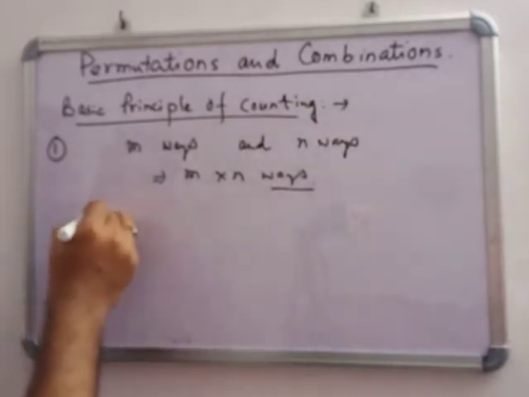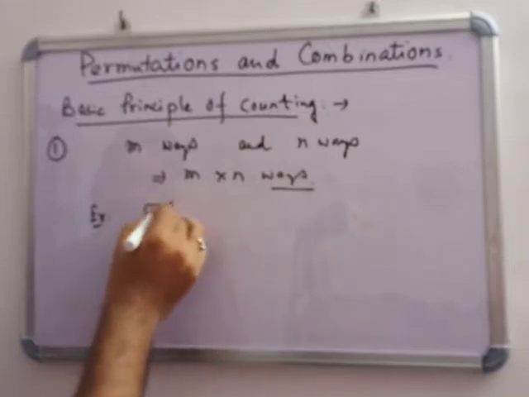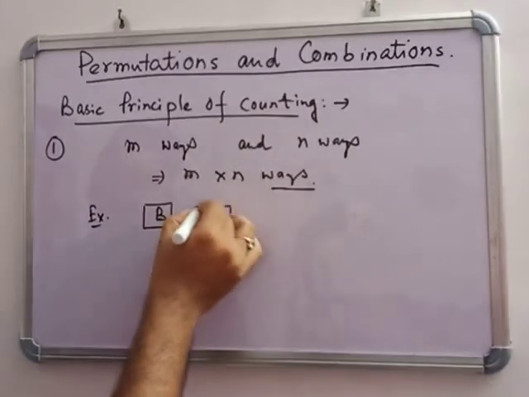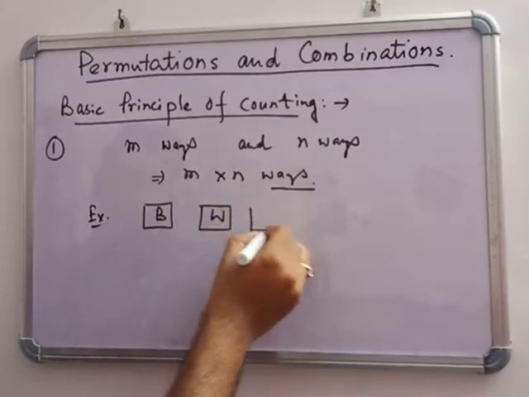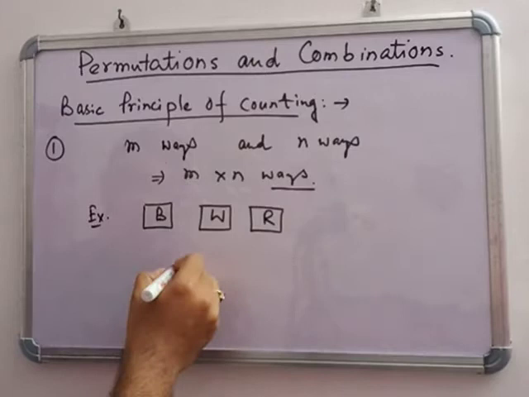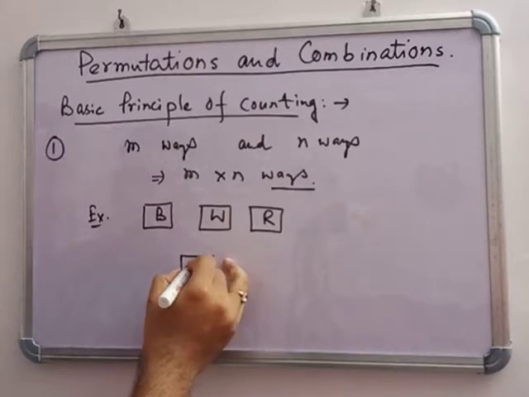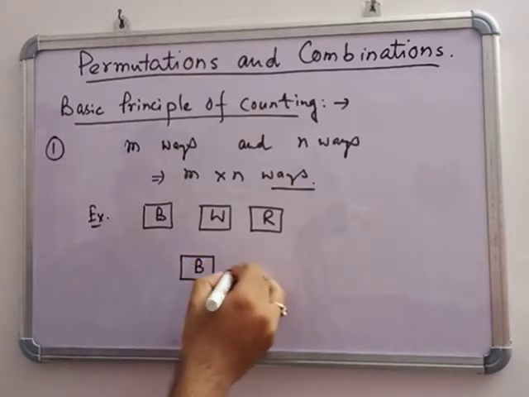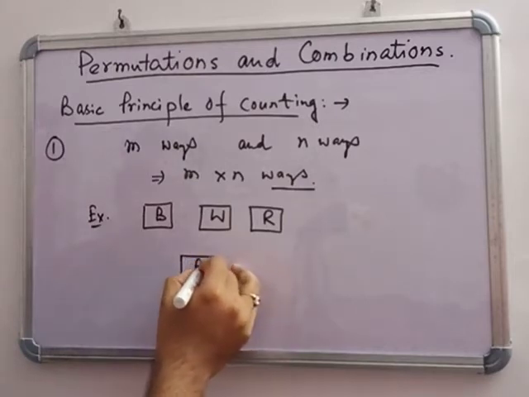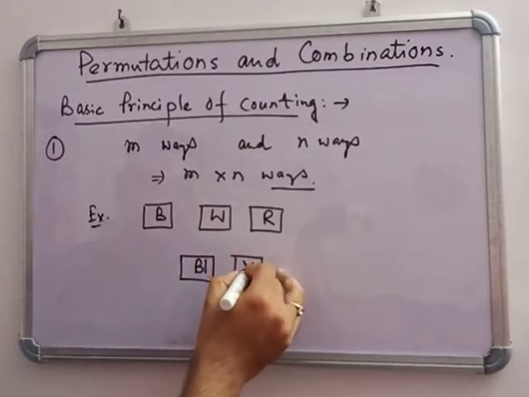Now, for example, suppose in your hand there is one black bottle, one white bottle and one red bottle. Also in your hand one black pencil, one blue pencil and one yellow pencil.